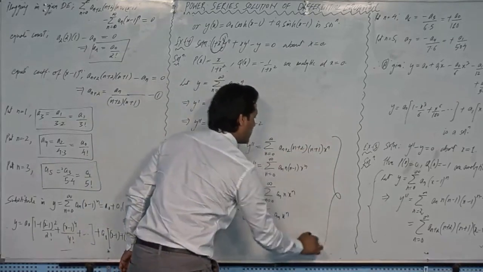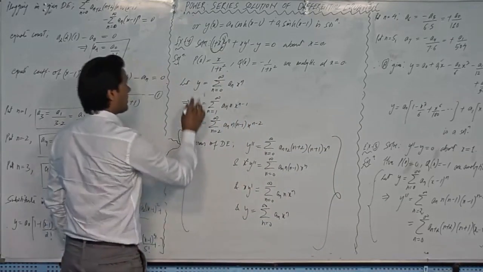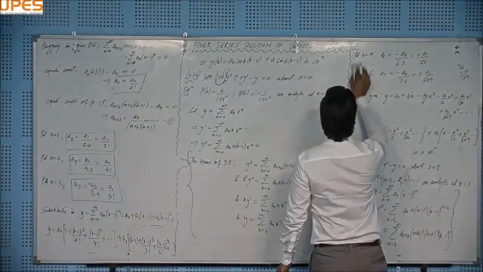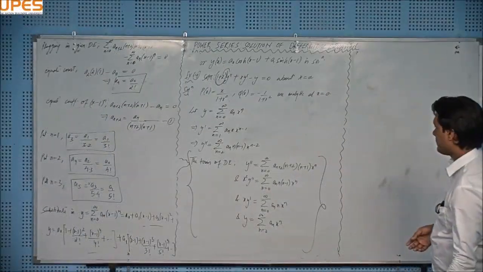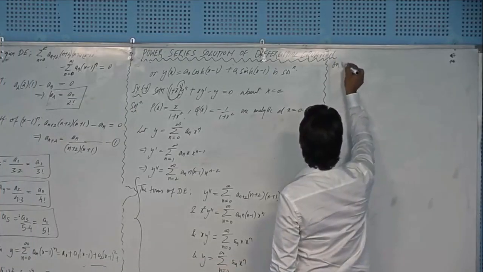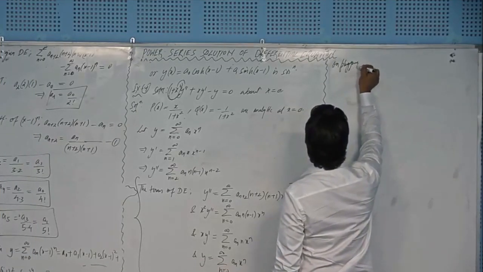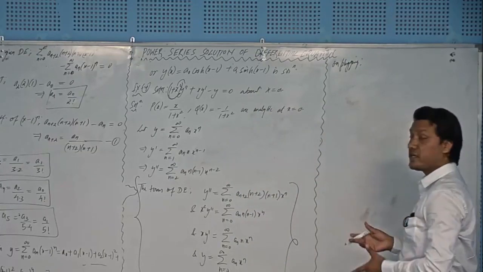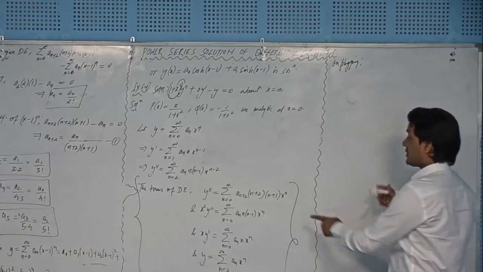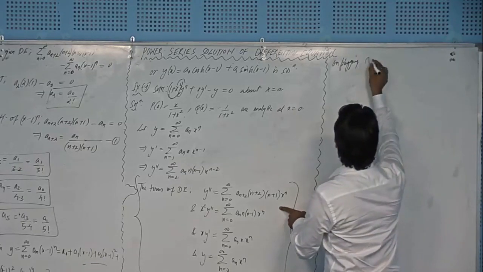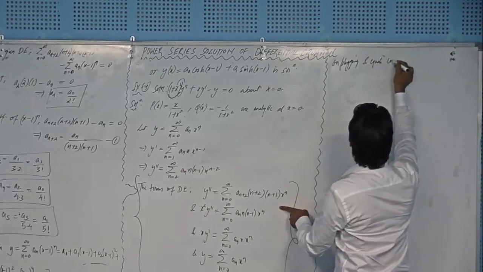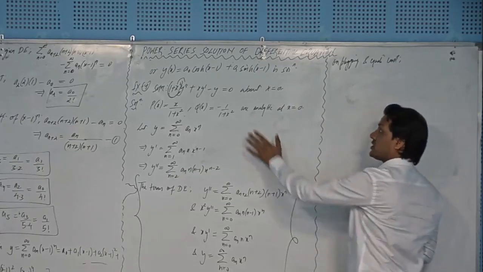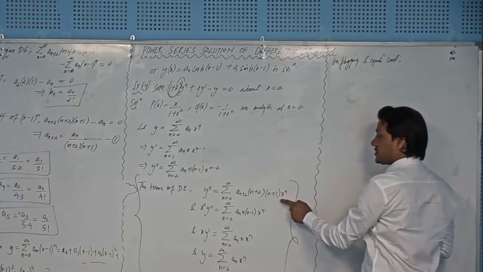So I will plug these terms in my differential equation, right? On plugging in this differential equation and on equating the coefficients, I am writing that directly. First I will equate the constant terms, right? You can see it from here. I am not putting all the terms here, right? So you should equate the coefficient from these four terms.